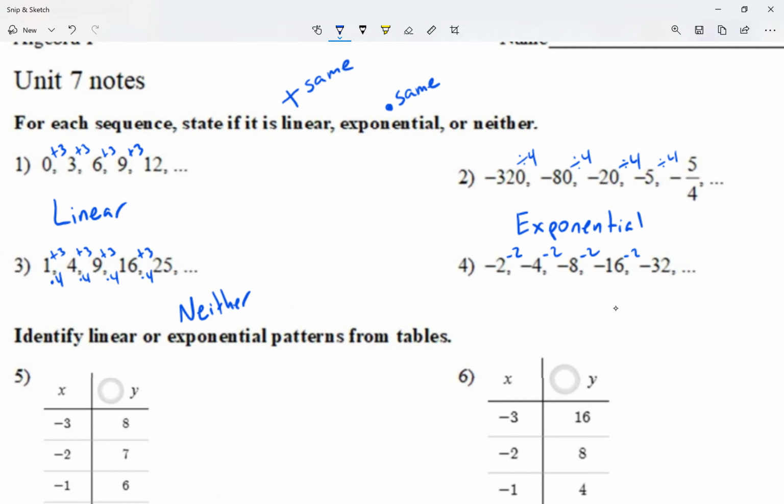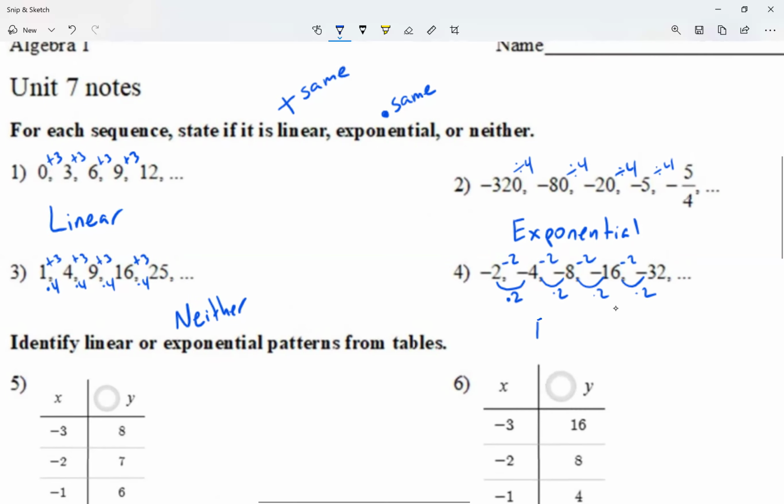In order for -2 to become -4, I have to multiply this by 2. Let me check if multiplying by 2 works all the way. Then I check. -4 times 2 is -8. It works. -8 times 2 is -16. It works. -16 times 2 is -32. So I'm multiplying by the same thing. I'm going to call this exponential.